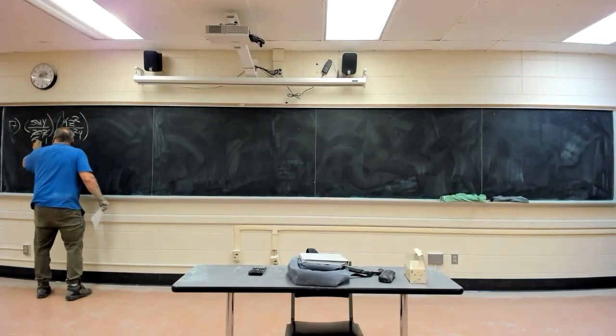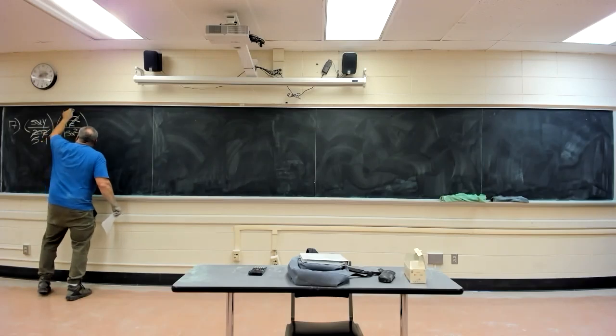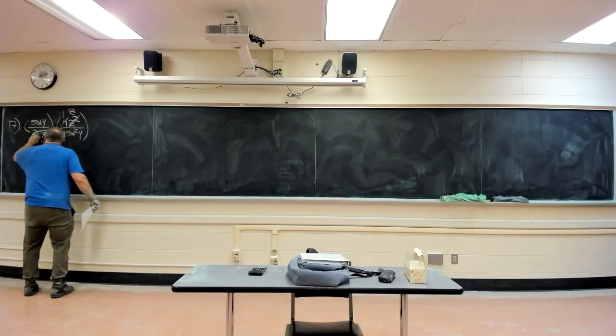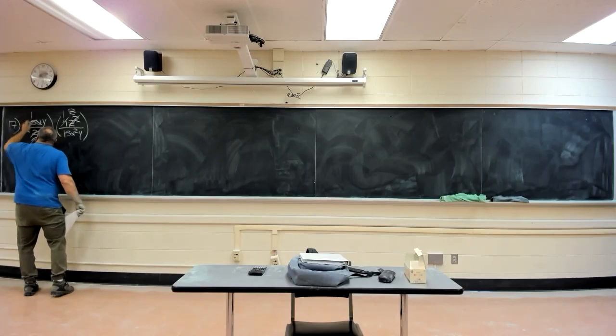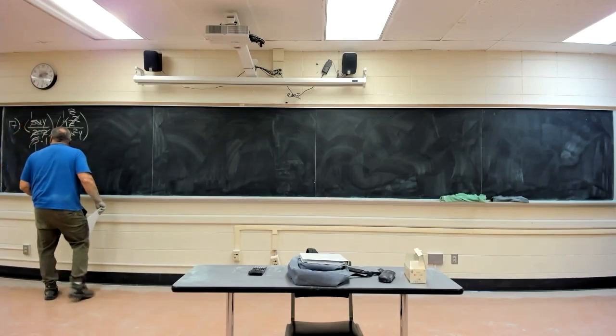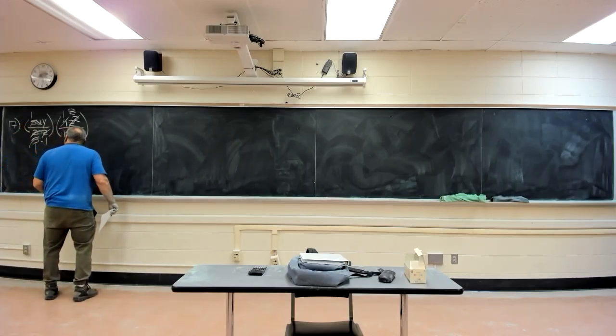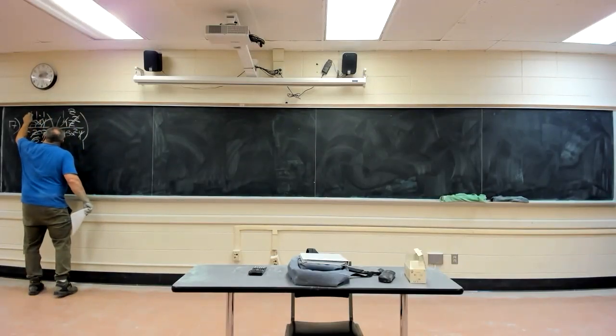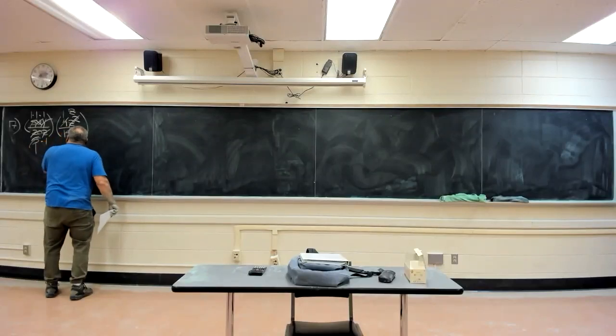Z cancels into z squared, z times. 5 cancels into 5 one time. Y cancels into y one time. X cancels into x squared x times.